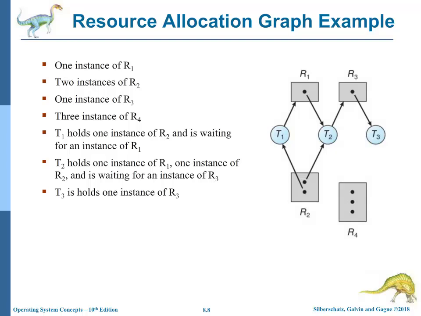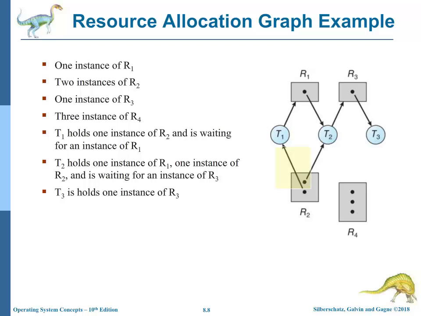The resource allocation graph shown here illustrates the following situation. There is one instance of R1, two instances of R2, one instance of R3, and three instances of R4.